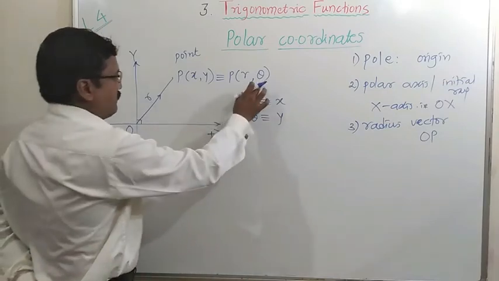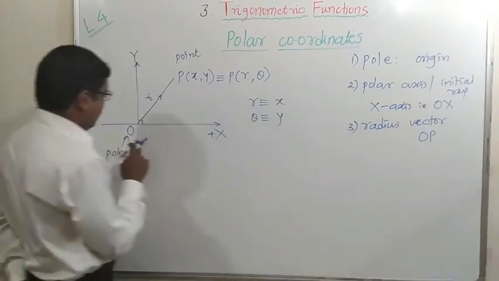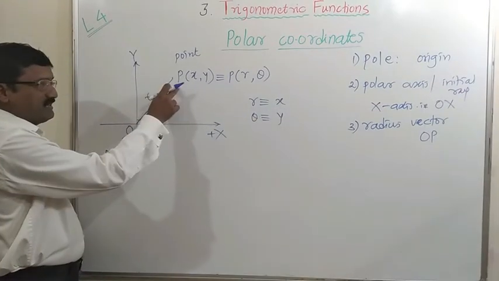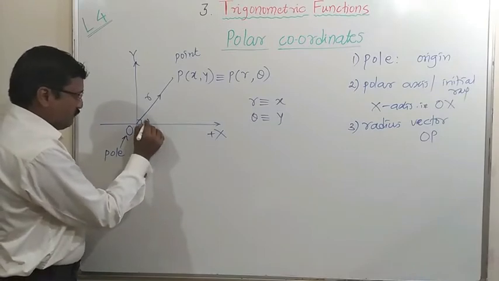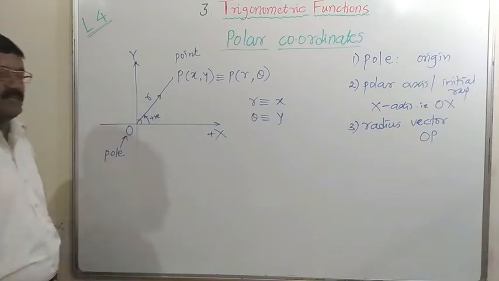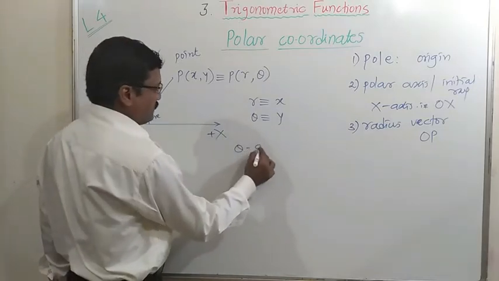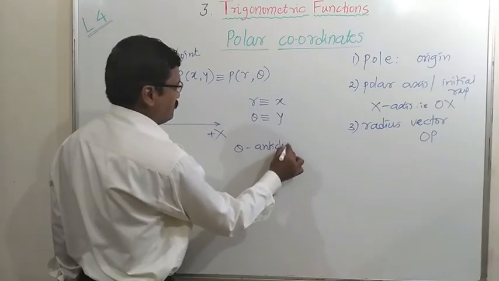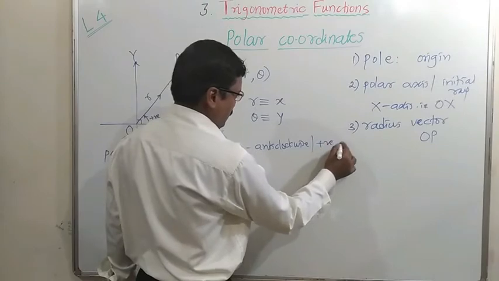Now let us see what is meant by theta. We have considered the polar axis as OX. This OP is another vector. OX is the first vector. So the angle between these two vectors is positive. Positive means anti-clockwise. So this theta is anti-clockwise, obviously a positive angle.